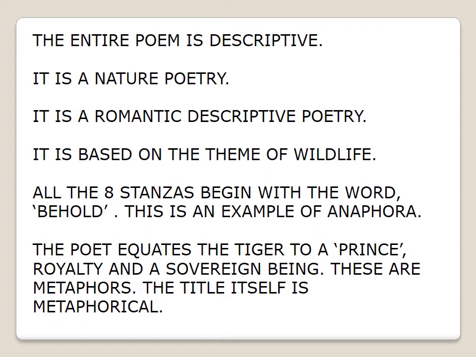All these are synonyms for the word royal or king-like, or from the royal blood. So all these are metaphors, and the title itself is metaphorical. We are not actually going to talk about a prince, but an animal which is almost equal to a prince.